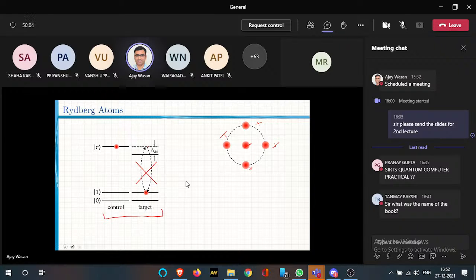Or, if we have trapped some atoms, shown in red, and I excite one atom, we cannot excite all these atoms within a certain volume. Once we excite this, we cannot excite that, and this process is used to make the entanglement of two or more atoms.